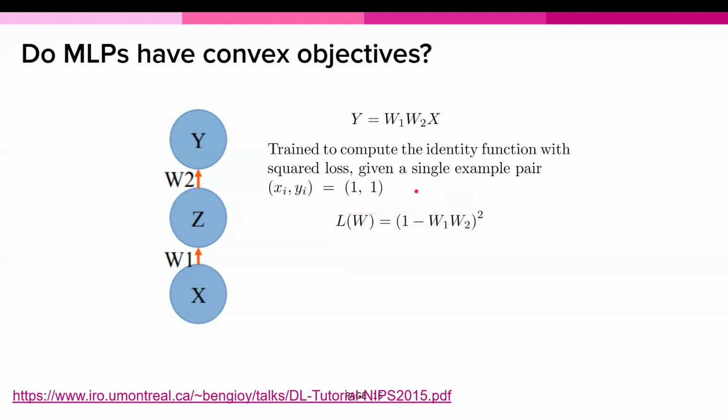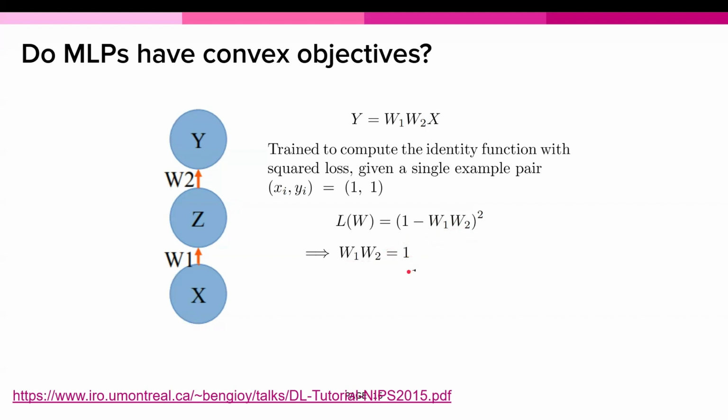Our goal is to adjust w1 and w2 so that their product equals 1, which in this case would mean that the network's output would match the target output exactly. So the way to minimize this loss function is just to set w1 w2 to 1.